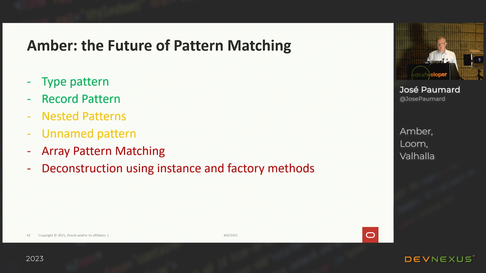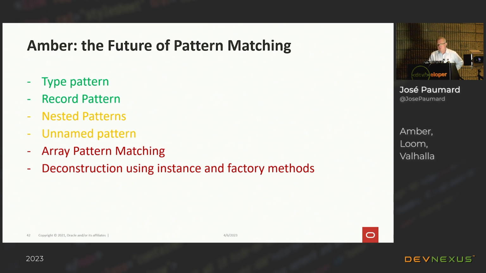And there's another one, the deconstruction using instance method and factory method. Now the problem is that there's no syntax for that yet. People are working on it. But the idea would be to say, okay, is this object a map entry of key and value, and automatically deconstruct the key and value to extract them? Or is this object an instance of an entry, and the entry has to be, I don't know, an address, and then give me the value that you have in front of it.